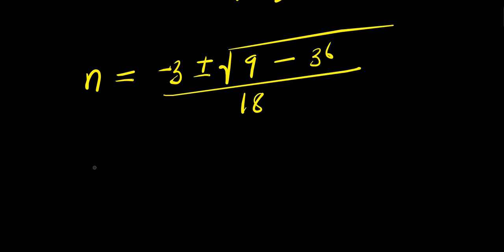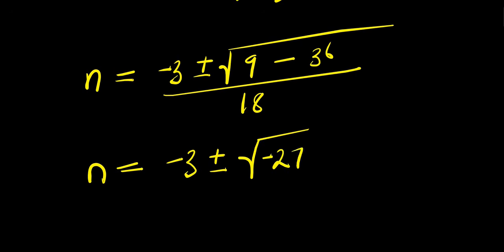So from here, we have n equals negative 3 plus or minus square root of, this is negative 27, because this will subtract 36, so we have negative 27 divided by 18.